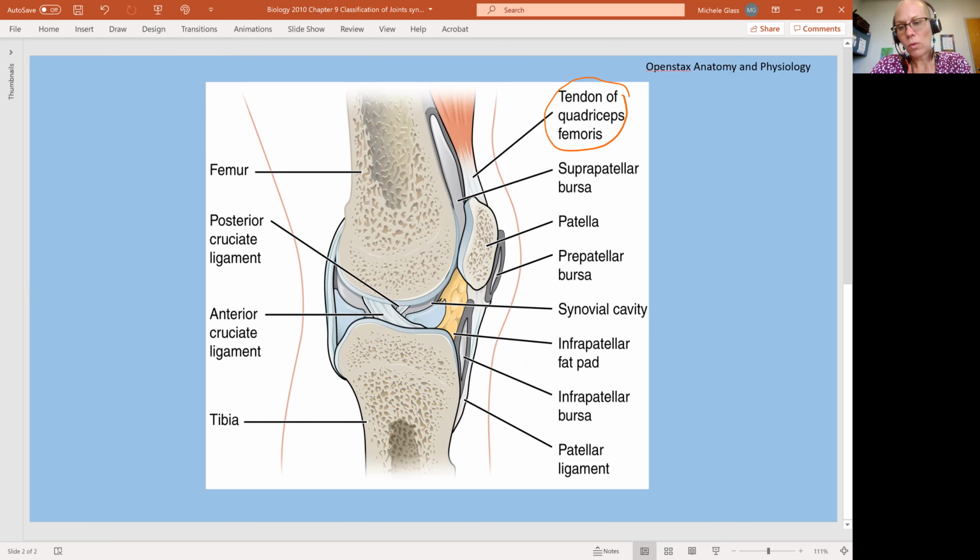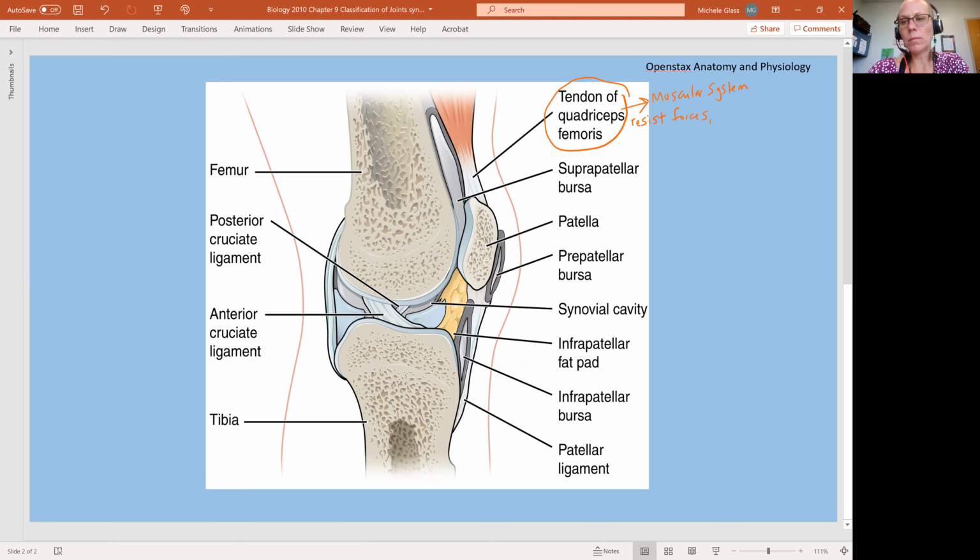In this case, what we're seeing is that the tendon is part of, remember, the muscular system. But here we see the muscle and the tendon important in stabilizing our joint. It's helping to resist forces put in place on this joint.